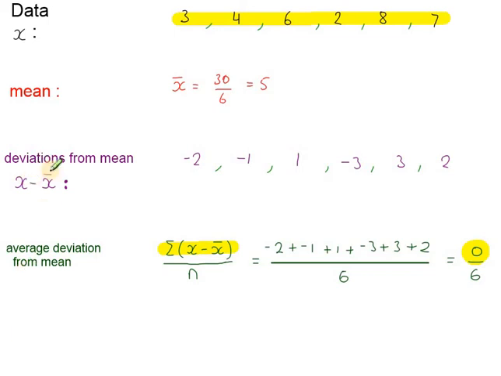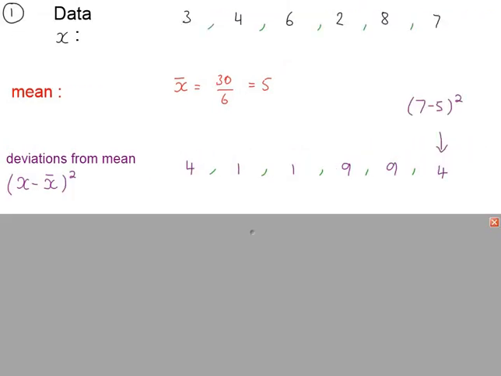So that was the data minus the mean, hence working this out. There is a workaround, and the workaround involves avoiding these negative values. So at this stage we'll do the data value minus the mean, but then we'll square all of these, hence avoiding any negative values. So that's what I've done here.